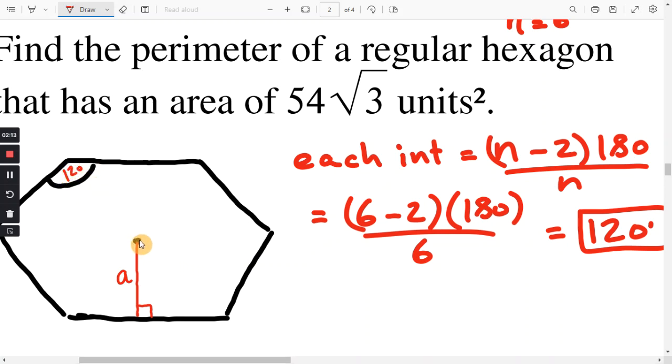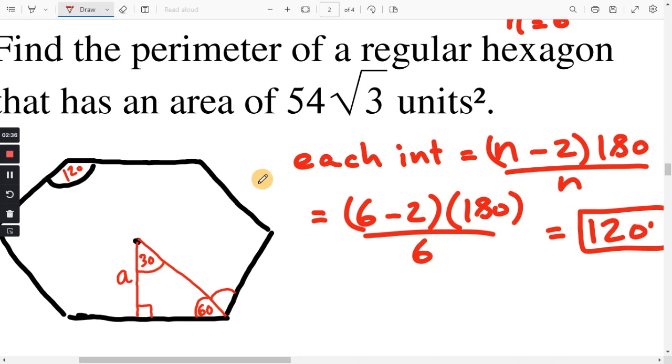When you draw a radius, it bisects that angle, or cuts it in half. So this one here is going to be the same as that one there. 120 divided by 2 is just 60. If this is 90 and this is 60, then this one here is going to be 30.